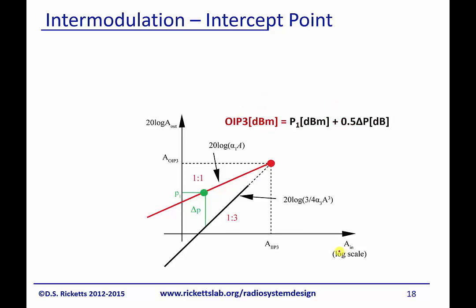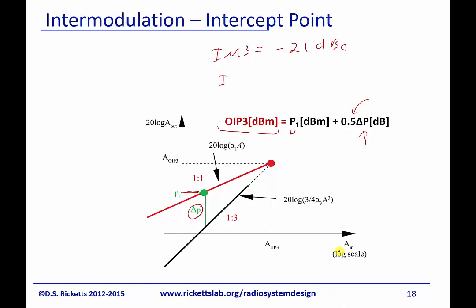And now we come to the final equation. You can calculate OIP3 from any given power, P1, right? And you use this formula, delta P, and you multiply it by 0.5. And I'll just explain that once again. You put in a power, so typically somebody will say the IM3 equals minus 21 dBc.